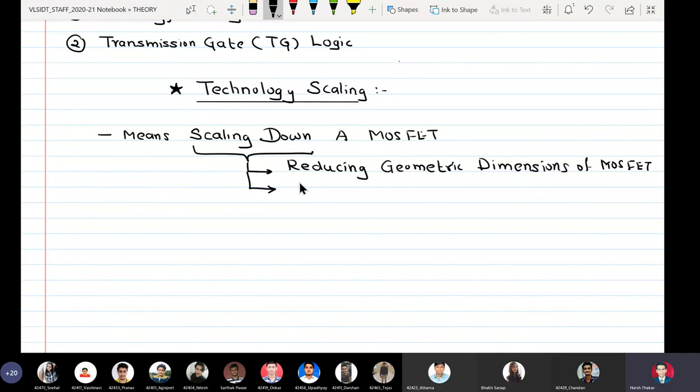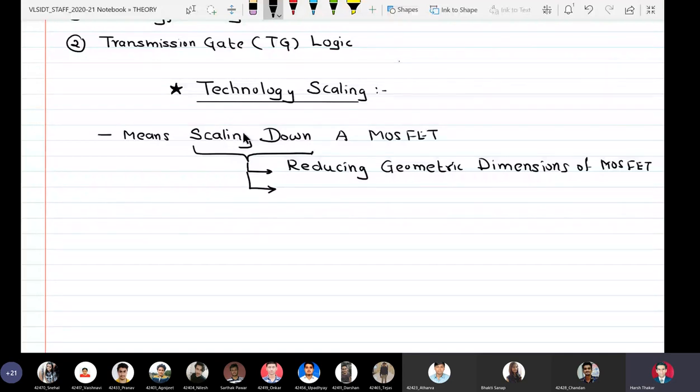When they came down to 350 nanometer, they needed 3.3 volts. Then 250 nanometer 2.5 volts, 180 nanometer 1.8 volts, 120 nanometer 1.2 volts, and anything below 120, like 90 and 65, needed only about 1 volt, and now it is even less than 1. So as the MOSFET dimensions have been scaled down, the bias voltages have also scaled down.